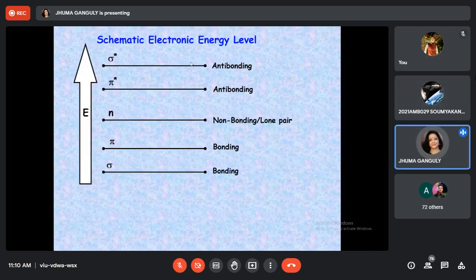No, actually, suppose you have hydrogen, two hydrogen atoms coming together for the formation of H2, so there will be some bonding situation. But both hydrogens have one electron.